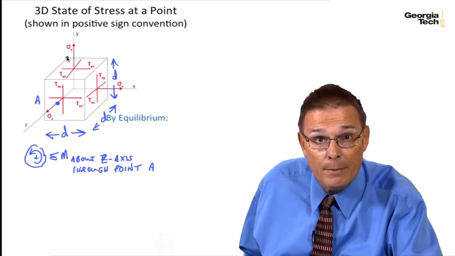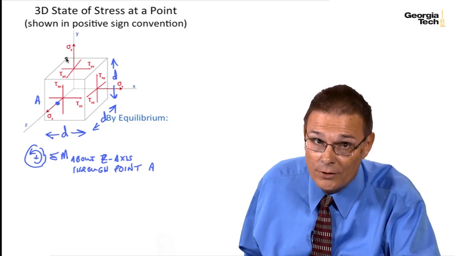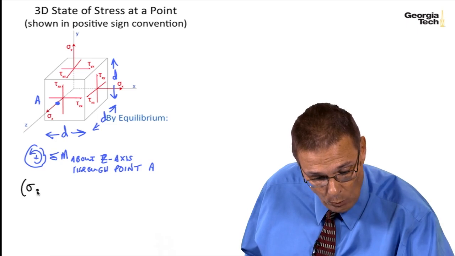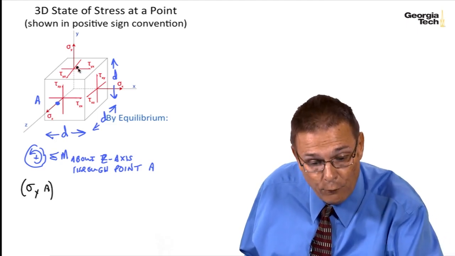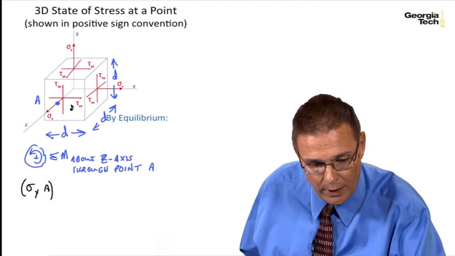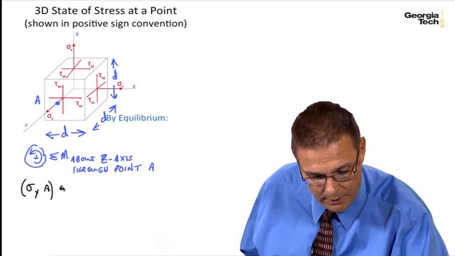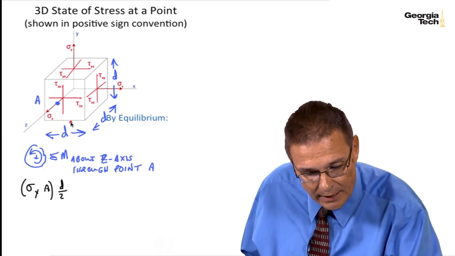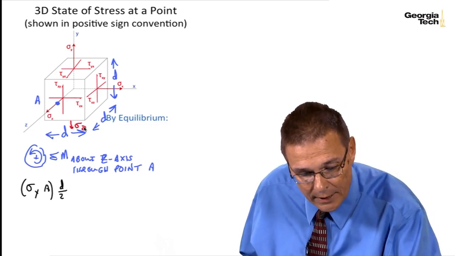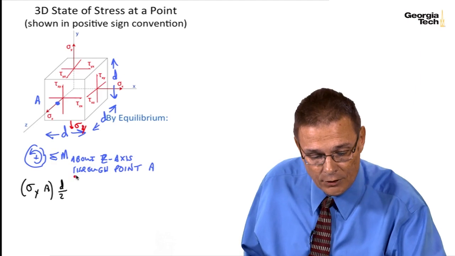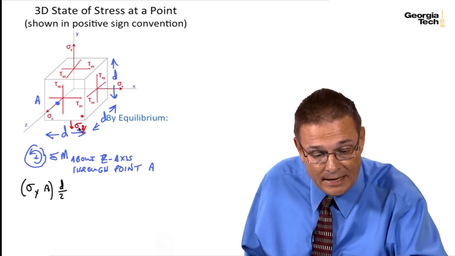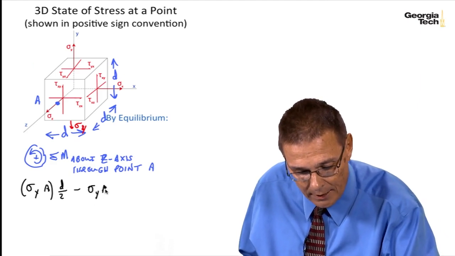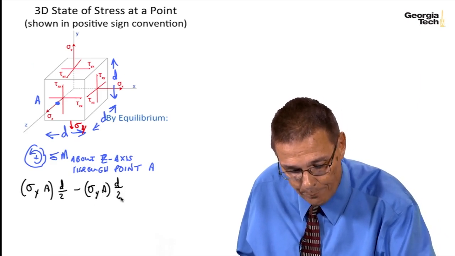Remember, we're summing forces now. Stress is not a force. Stress is a force per unit area. So we've got sigma y times A, which will be the force on the top face due to the normal stress, times its moment arm, which is going to be d over 2. And then remember, I'm going to have an equal and opposite sigma y down here on the negative face, and so that's going to cause a clockwise rotation. So that's going to be minus sigma y times A times d over 2.